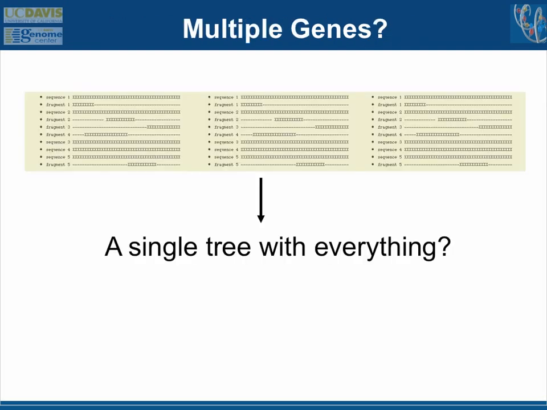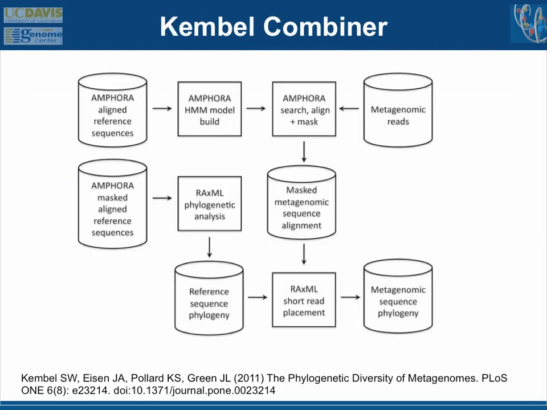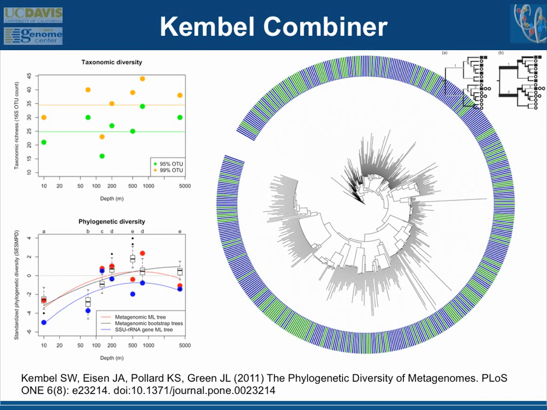Steve Kembel, who was in Jessica Green's lab, developed a method for doing this with different genes, concatenating alignments of different genes and then building a tree of all the genomes from environmental samples, even when the sequences come from different genes. This was published in PLOS One last year. And when you use this, you can now reveal possibly novel things about the ecology of a sample that ribosomal RNA surveys did not reveal.